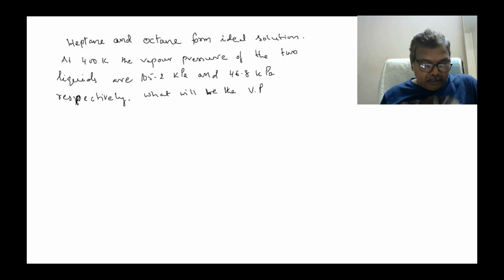What will be the vapor pressure of a mixture of 25 grams of heptane and 35 grams of octane?